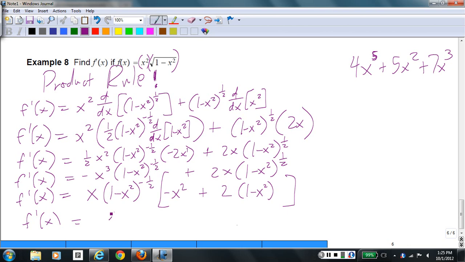So I want to write x times, I'll stick with the brackets, I want the square root of 1 minus x squared in the denominator. Why in the denominator? Negative 1/2 is the exponent. So I shove it down to the denominator, make it positive 1/2, replace the exponent of positive 1/2 with a radical. And then if I can just combine like terms, negative x squared minus 2x squared.